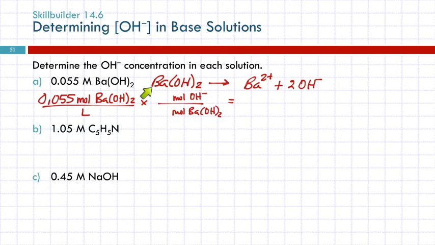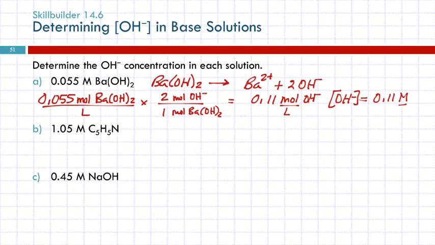I can look at the formula and see the 2, or I can think about what happens, but I'll get 2 moles of hydroxide for every 1 mole of barium. So the concentration then is 0.11 moles of hydroxide per liter. Or we say the concentration of hydroxide ions equals 0.11 capital M.